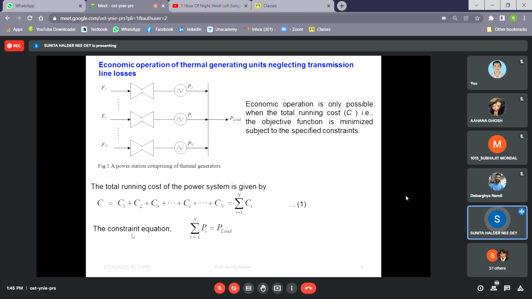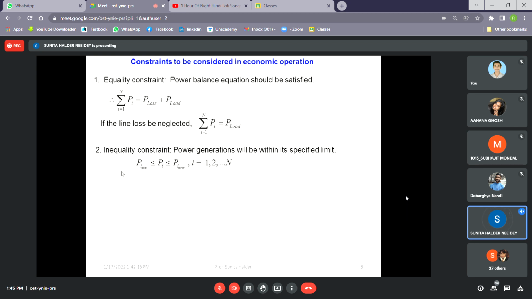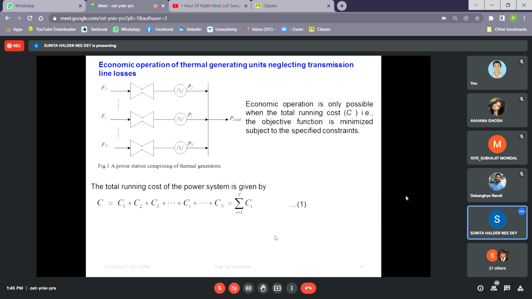The condition that we impose with an equal sign is called an equality constraint. So here summation of generation equal to total load is an equality constraint. At the same time there is an inequality constraint, that is, all the generations must be within their minimum and maximum limits, right?